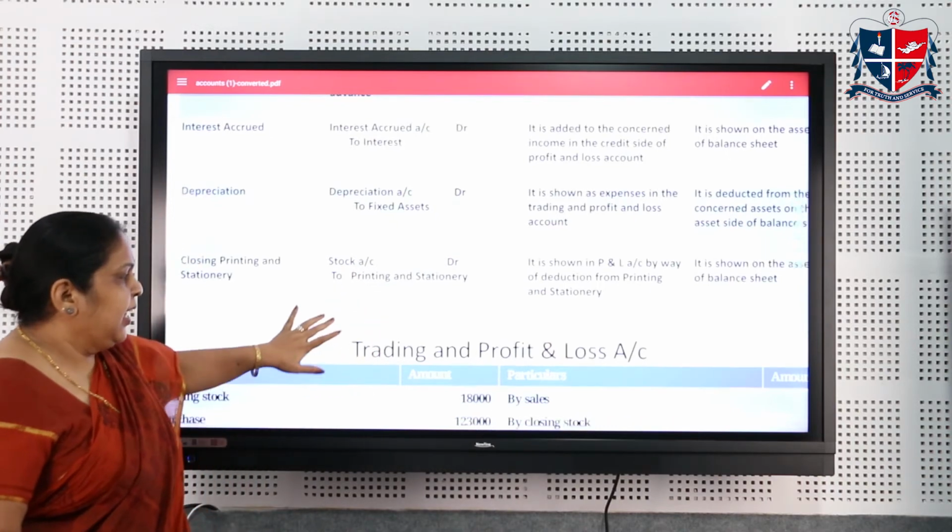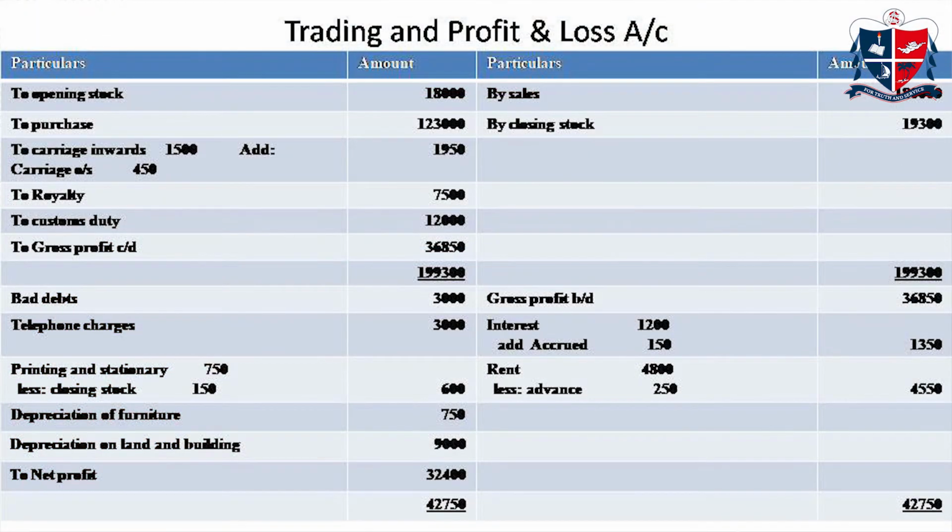So now let us see how it is incorporated in the statement. Okay, so here we are having the trading and the P&L account. See, the opening stock is on the debit side, purchases again on the debit side, carriage inwards 1,500. Along with that, you had an outstanding amount to be added.